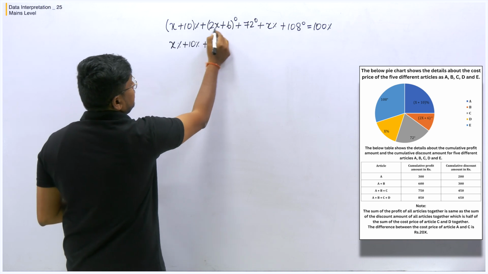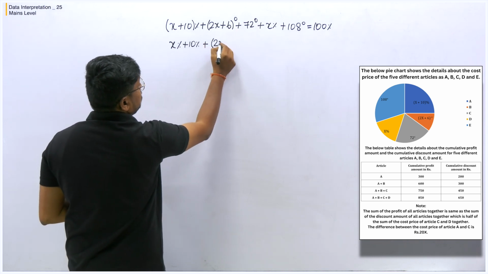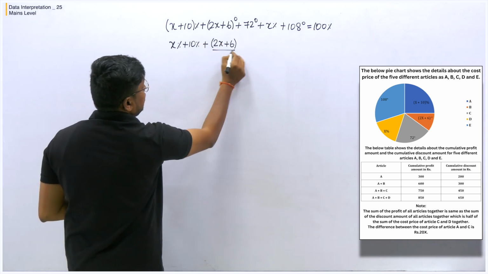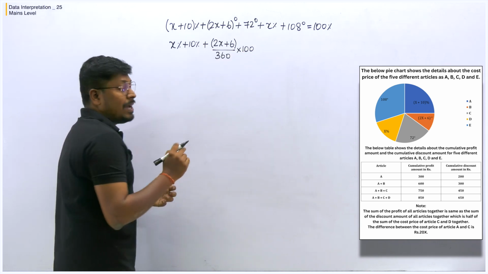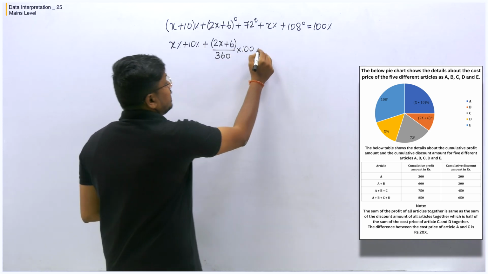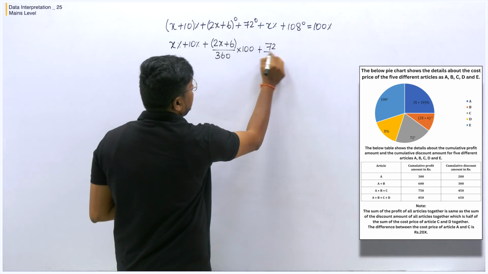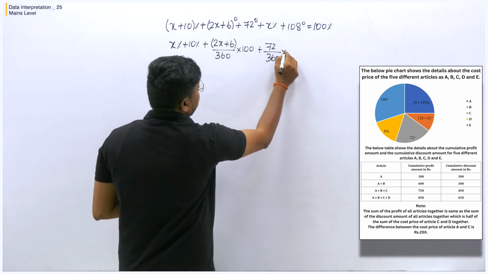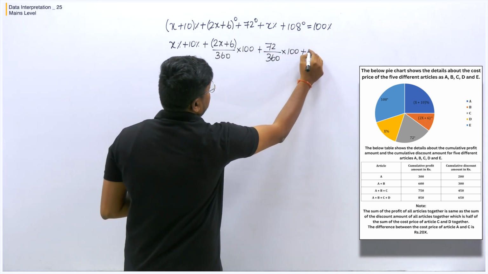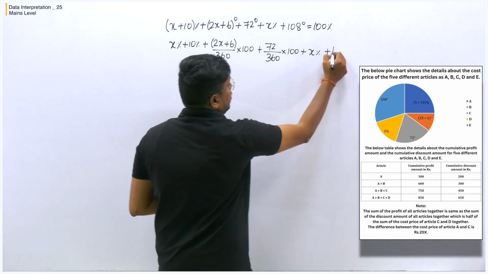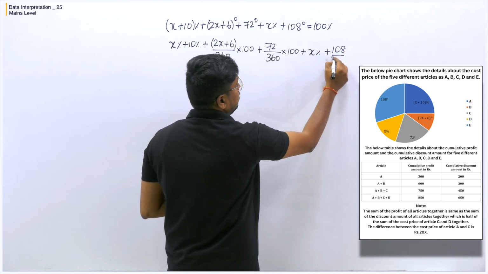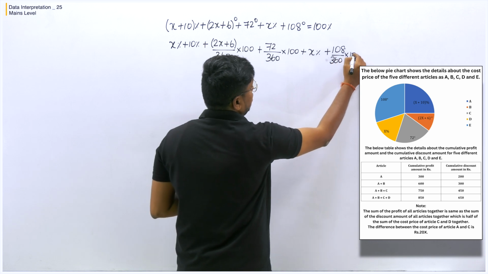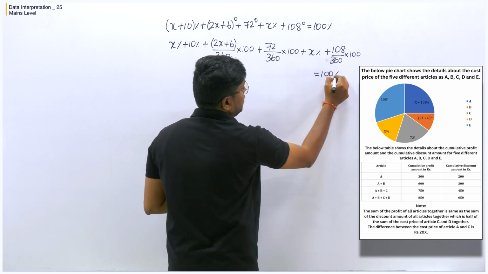Plus this can be converted in terms of degrees. So (2x plus 6) divided by 360 into 100. Finally we converted this value in terms of percentages. So 72 degrees: 72 divided by 360 into 100, right? Plus x percentage. 108 can be written as 108 divided by 360 into 100. So 360 into 100 equals 100%, right?